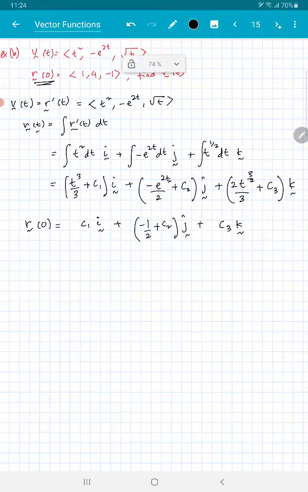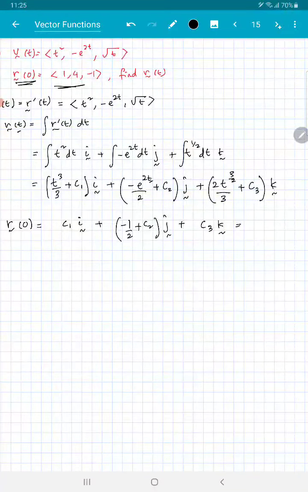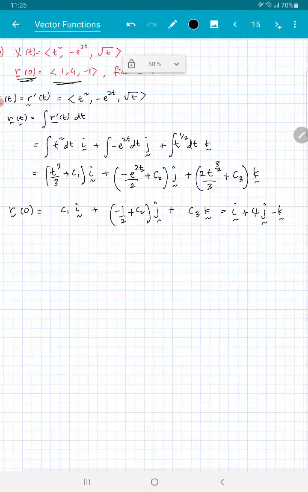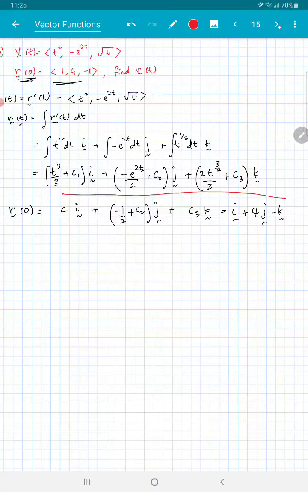And it says in the question, r at 0 is equal to 1i plus 4j minus 1k.